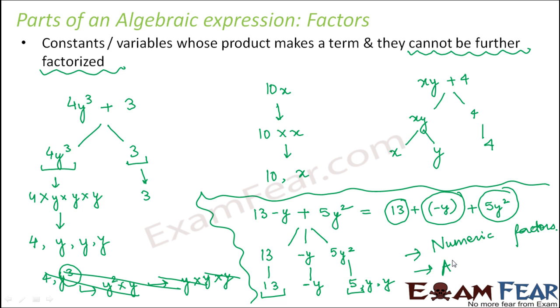That is called an algebraic factor. So algebraic factors means the factors would be variables. In this case, you can clearly see that 13 and 5 are numeric factors, whereas y and minus y are algebraic factors.